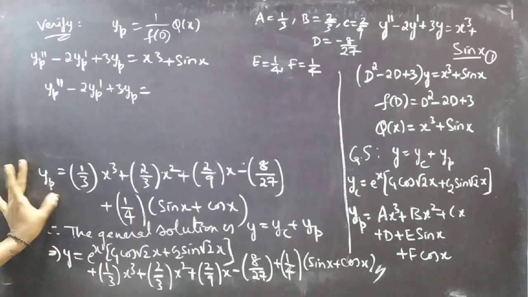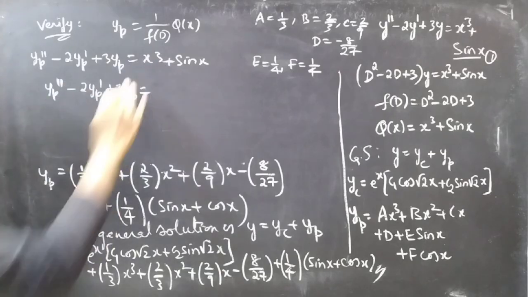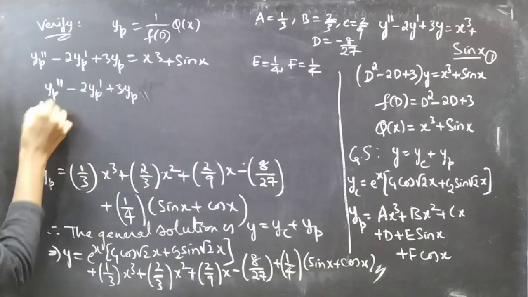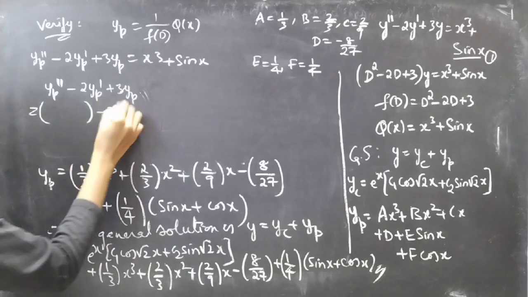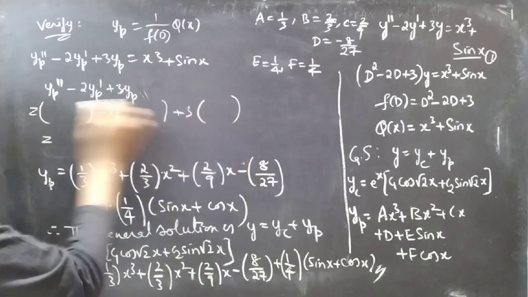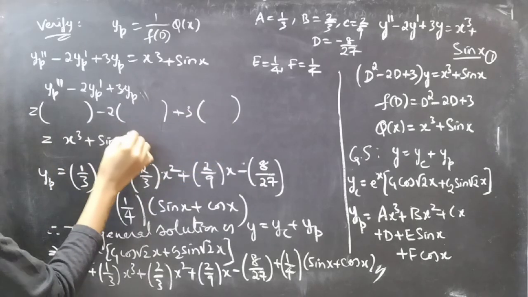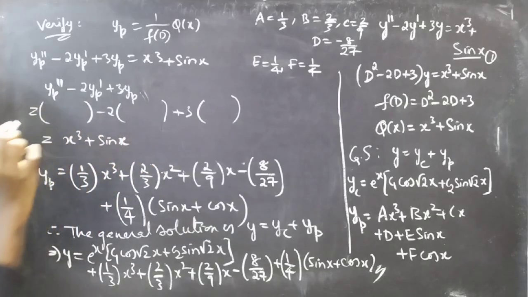Find yp dash and yp double dash and substitute in it. Finally, you'll get the answer after substituting yp double dash minus 2 into yp dash plus 3 into yp. Finally, after simplifying this, you'll get x cube plus sin x. Okay, if you get this, your yp will be the correct one.